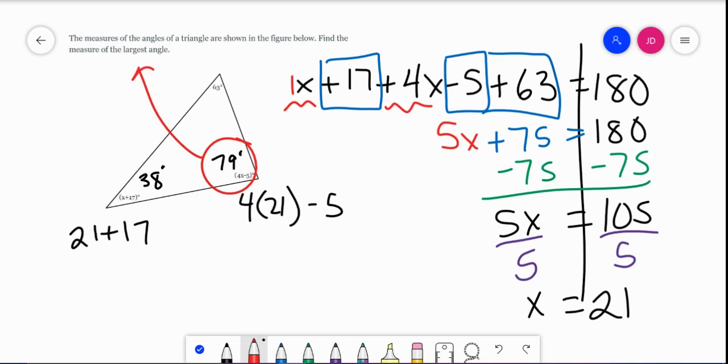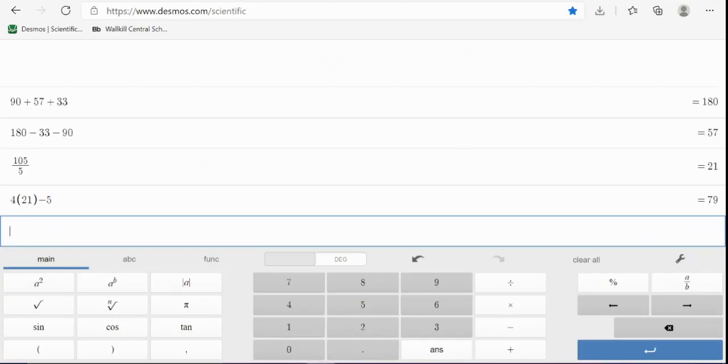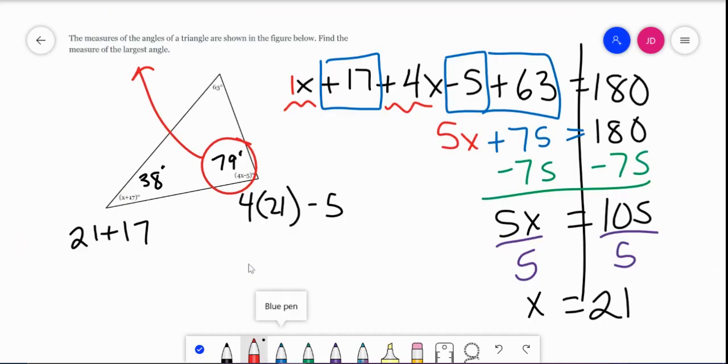And just to double check, I'm going to do 79 plus 63 plus 38, and that all equals 180 degrees. All right. So my largest angle is 79 degrees.